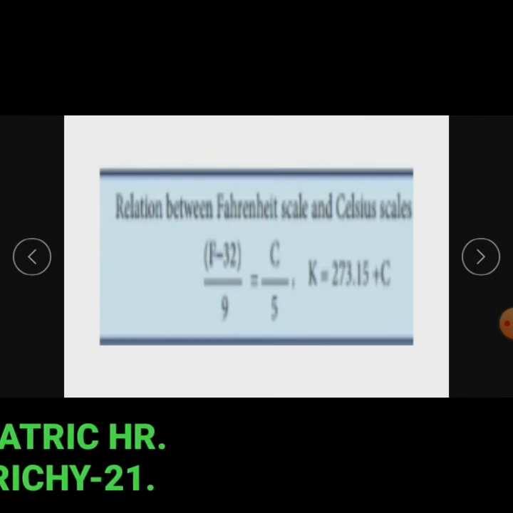This makes the conversion from Celsius to absolute temperature scale easy. Just the addition or subtraction of a constant 273.15. But in the United States, they prefer to use the Fahrenheit scale. The problem is converting Fahrenheit to absolute scale is not easy.